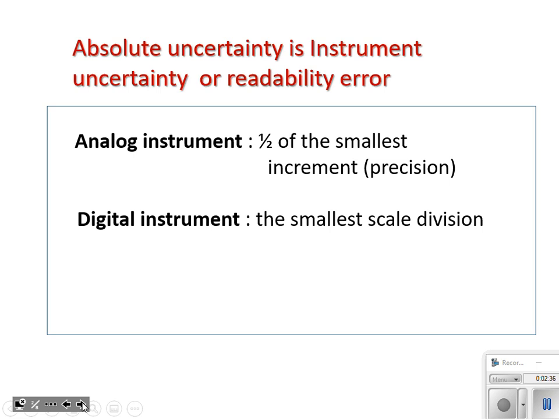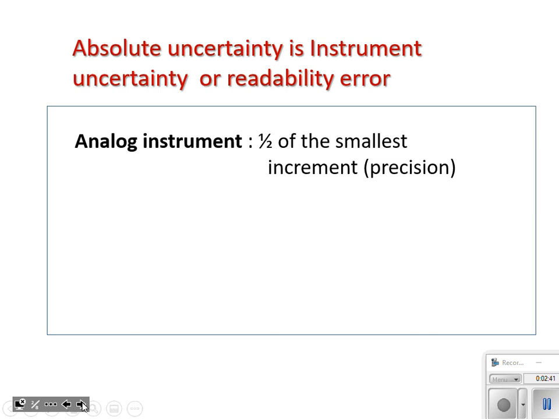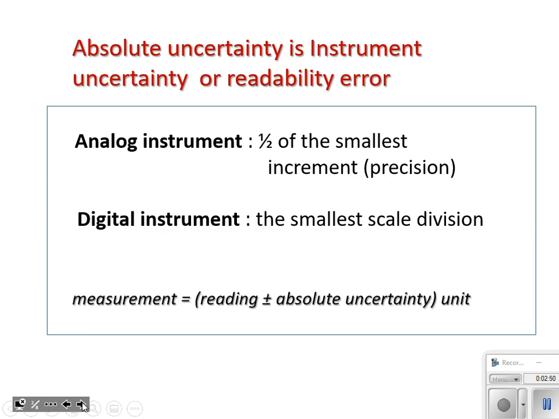Once again, we'll work an example of this at the end. Now, how we make this particular measurement is we have the reading, and then we put a plus or minus the absolute uncertainty. So the reading plus or minus the absolute uncertainty.